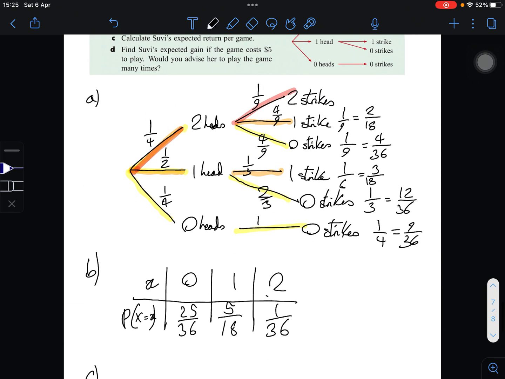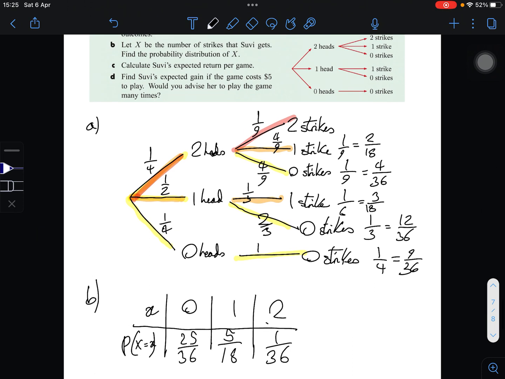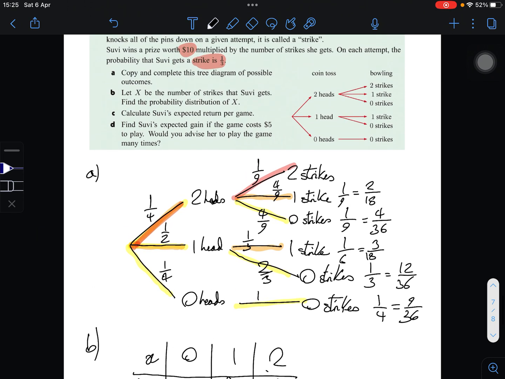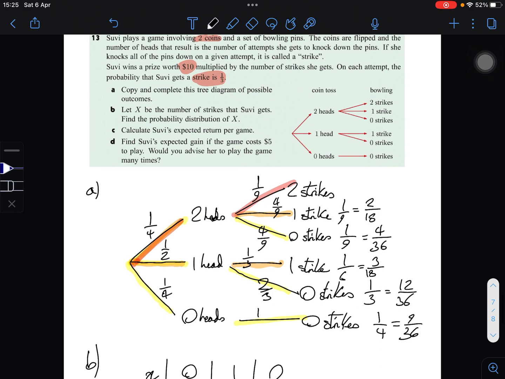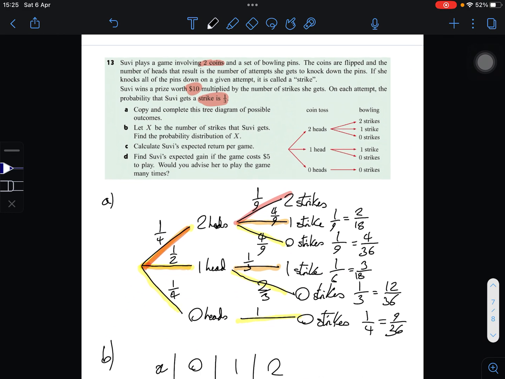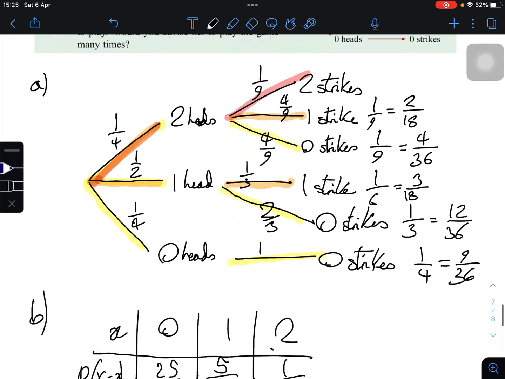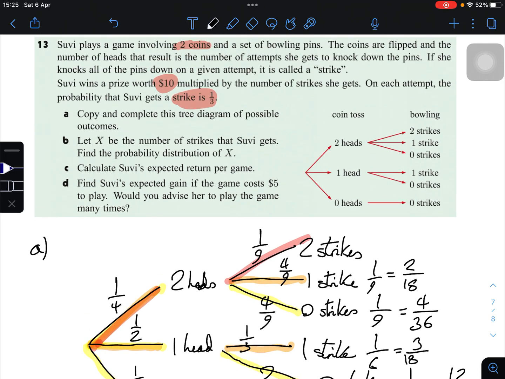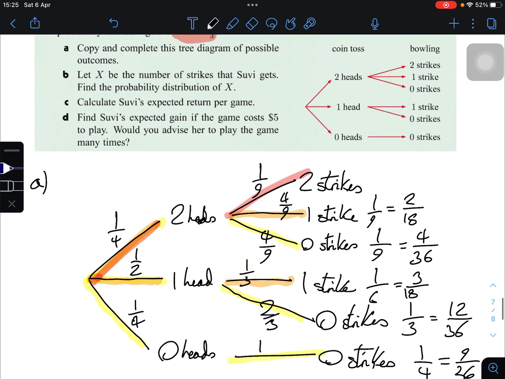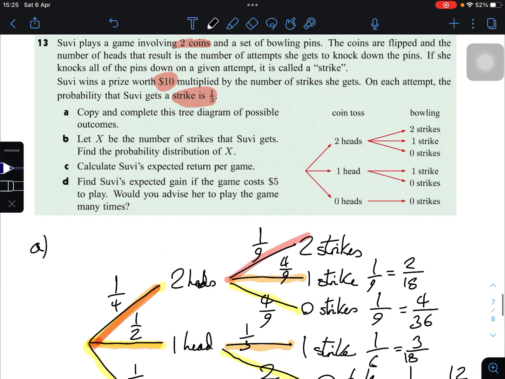Part C. Calculate Suvi's expected return per game. Prize is worth $10. Wrote that down earlier. Multiplied by the number of strikes she gets.